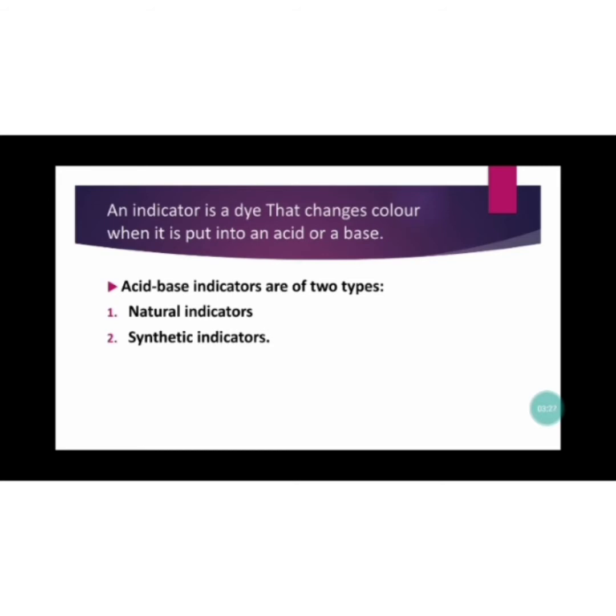Natural indicators are extracted or made from natural ingredients, and synthetic indicators are man-made indicators which are prepared with the help of some chemicals in the laboratory and also used to test the nature, that means acidity, basicity and neutrality of a substance in the laboratory.